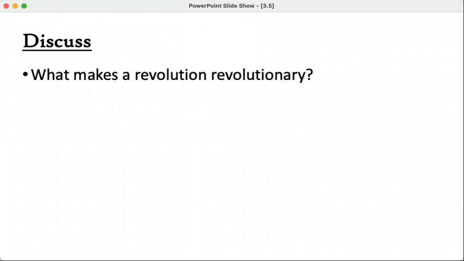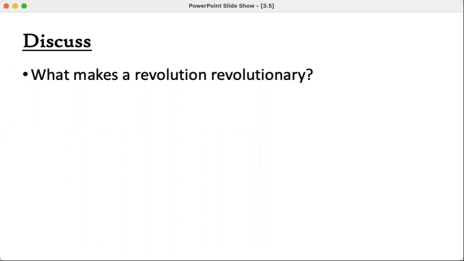So, what makes a revolution revolutionary? It seems like an easy question in some ways, right? What makes a revolution revolutionary? How would you define revolution? Not just something revolves, right, and spins in a circle.